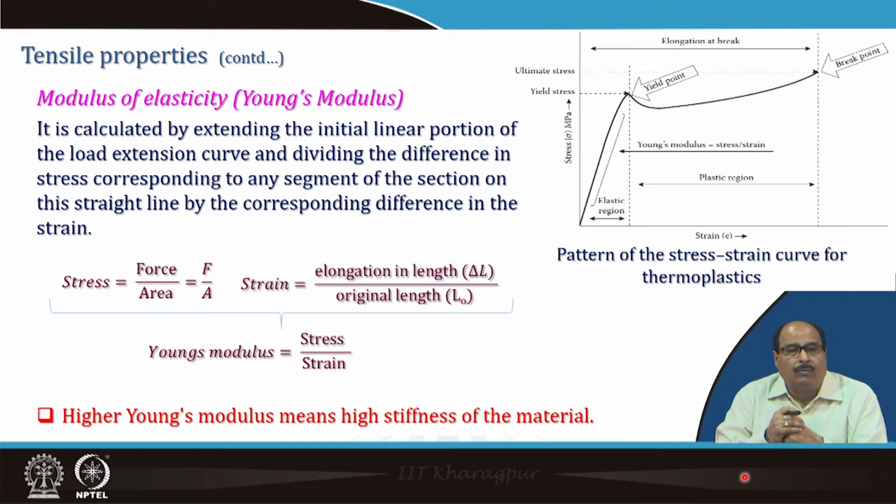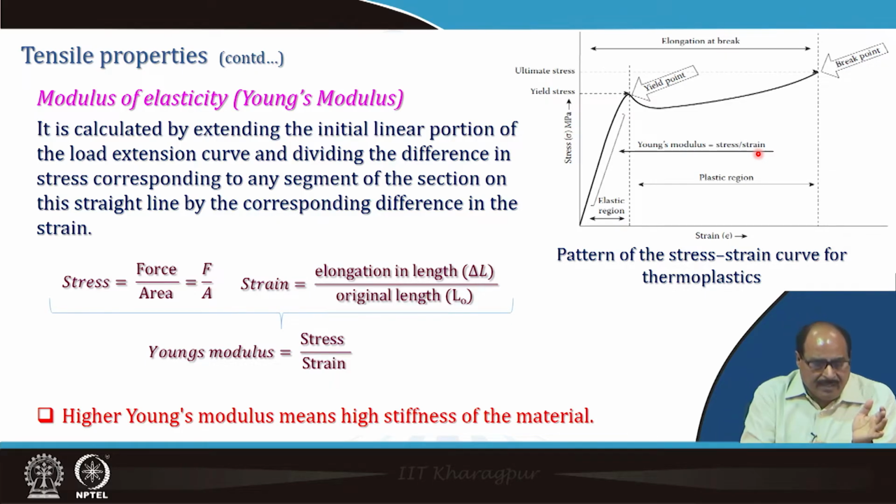Then modulus of elasticity or Young's modulus is calculated by extending the initial linear portion of the load extension curve, dividing the difference in the stress corresponding to any segment of the section on the straight line by the corresponding difference in the strain.